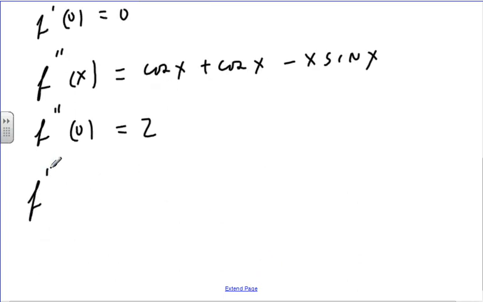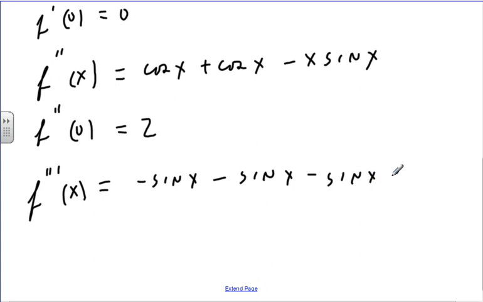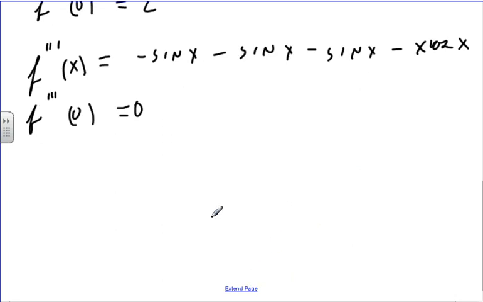So f triple prime of x is minus sine x minus sine x minus sine x minus x cosine x, and f triple prime at 0 is 0. All those are 0. That's fine.